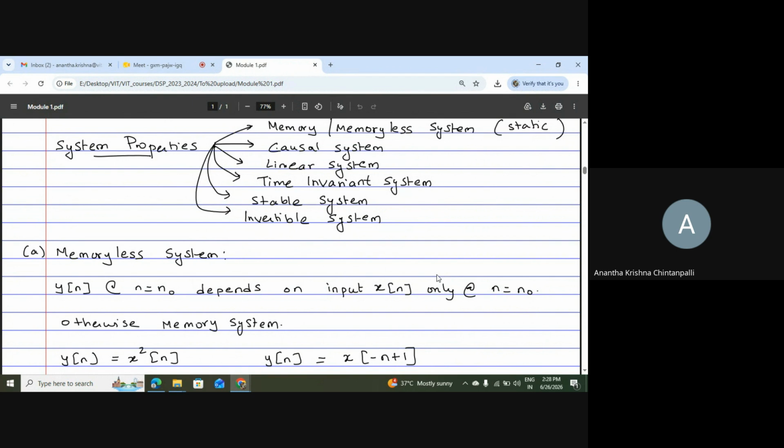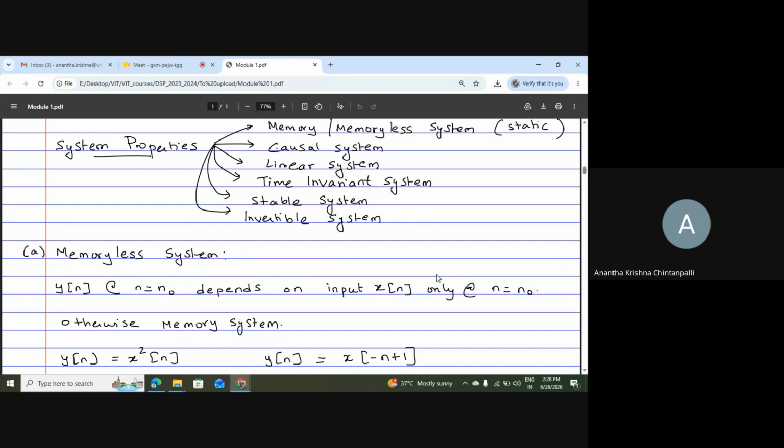When do we say the system is memoryless? When do we call a system a memoryless system? The output, which is y of n at n is equal to n naught, depends upon the input x of n only at n is equal to n naught.